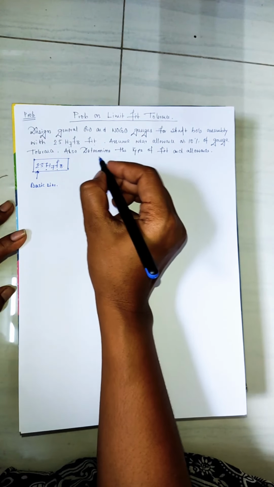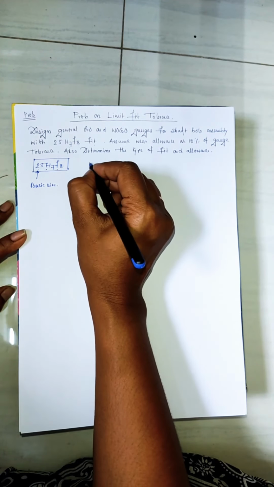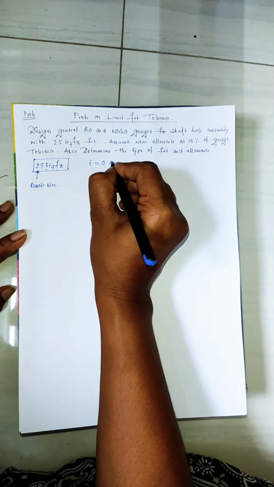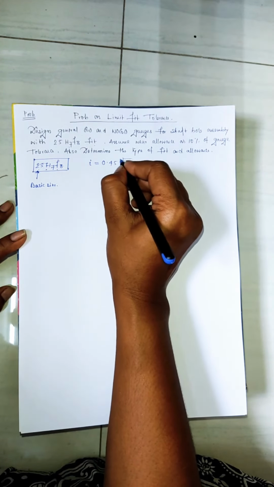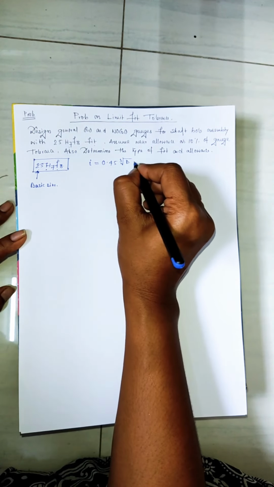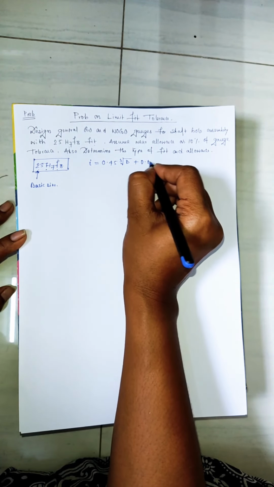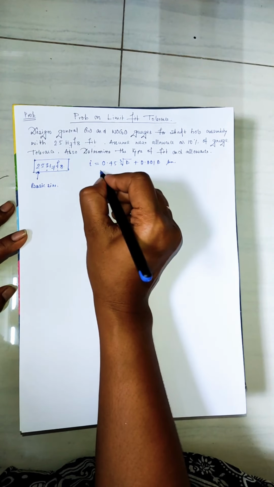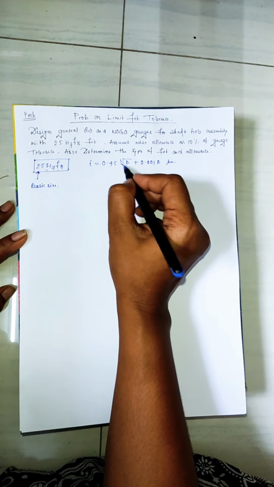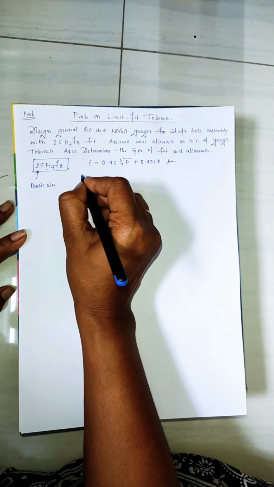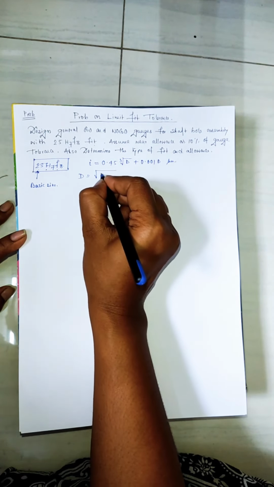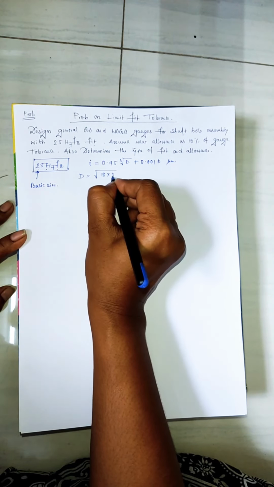So first we calculate the i. This i is equal to 0.45 cube root of D plus 0.001 D micrometer. So what is the D? D, the diameter step, falls in between 18 and 30.